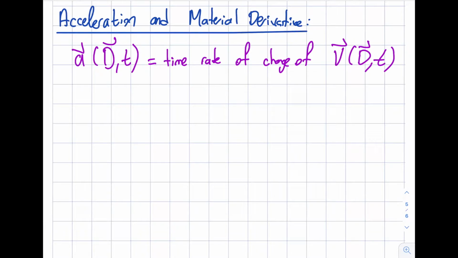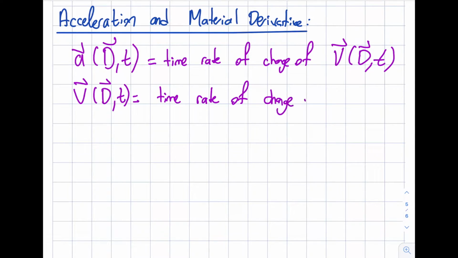The first thing I need to do is go back one more step, and in the one more step what I do is I start by the displacement and I get myself, and if you remember this, the velocity, which is a function of the displacement and the time, will be the time rate of change of the displacement vector.